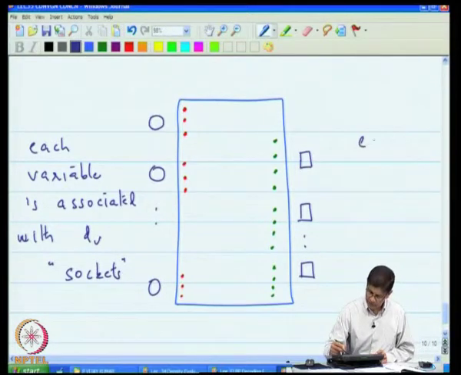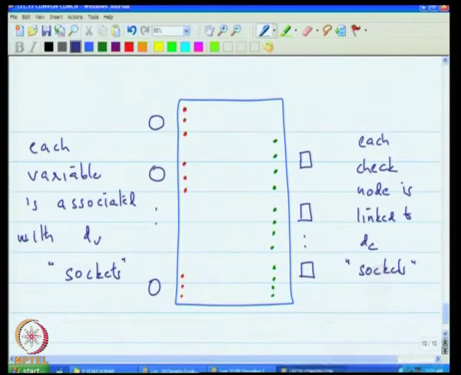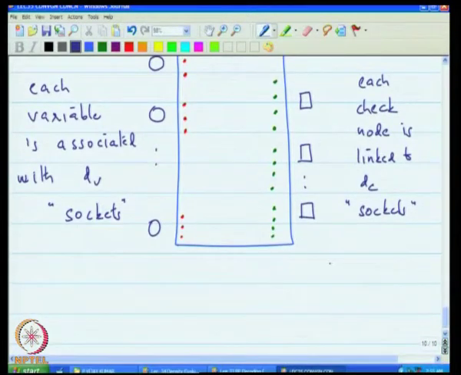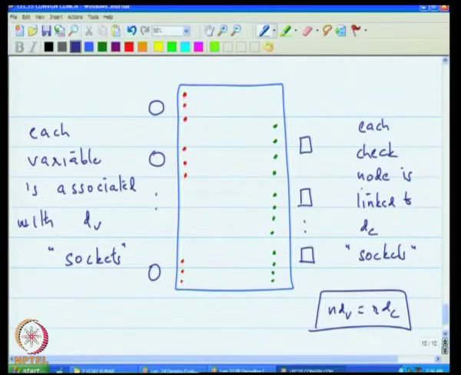And similarly, each check node is linked to dC sockets. Now, we know that n dV is equal to R dC. So, that means that if you count the number of sockets on both sides, they are the same. So, constructing a dV dC regular graph is then simply a matter of drawing lines connecting a socket in here with a socket in there.